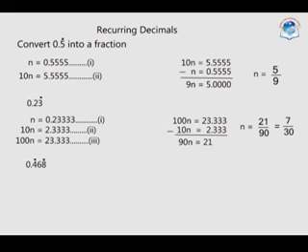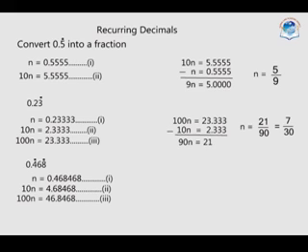Finally, 0.468 with 468 recurring. N is equal to 0.468468. 10n is equal to 4.684684. 100n is equal to 46.8468.